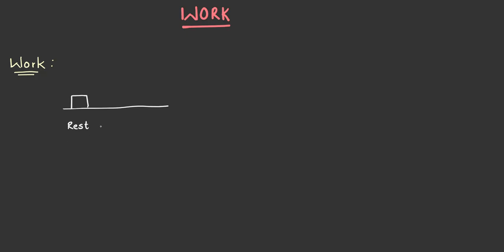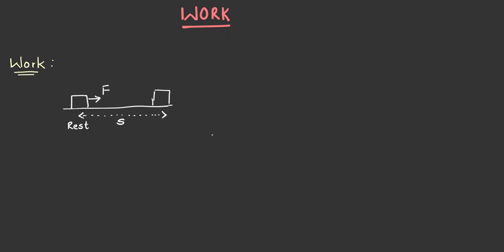Now, if you exert a force on this block, there may be two chances, the block may move or may not move. If the force is good enough to move the block, then the block changes its position. It means the block gets displaced and moves to the other position. Assume that it creates a displacement S.